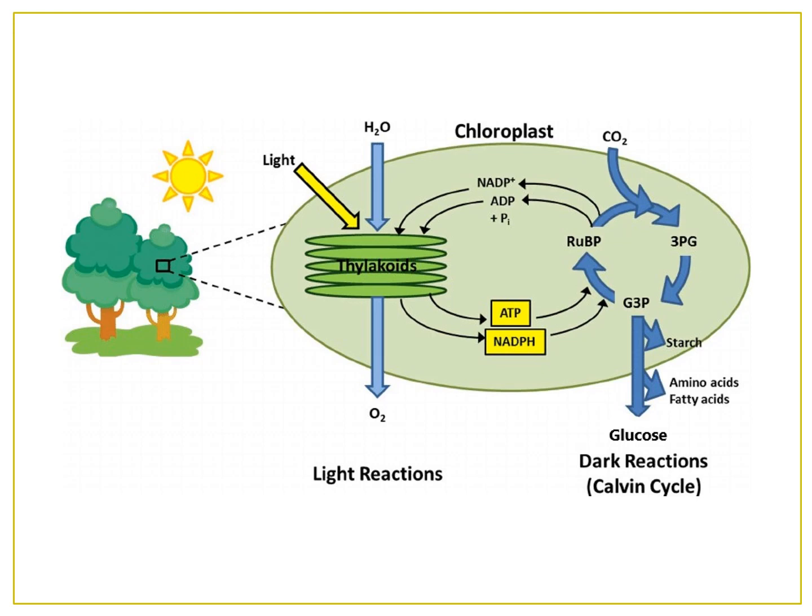And when water is split, you get three things. You get hydrogen ions, also known as protons, you get electrons being created, and you get oxygen gas. The protons that are being created are used to take ADP and convert it into ATP, which is the high energy form of the molecule.